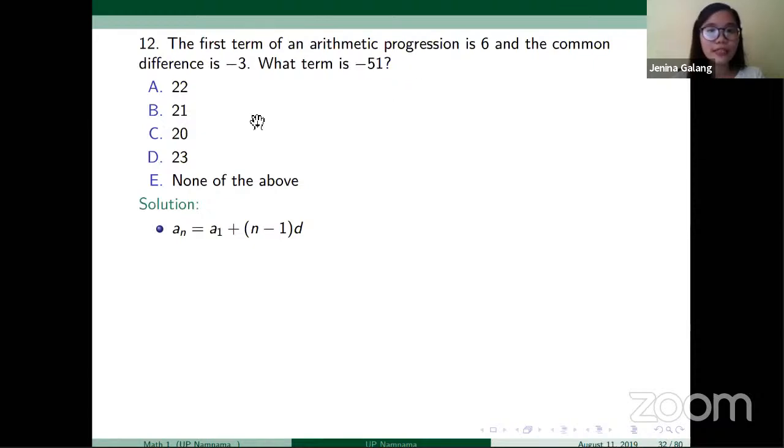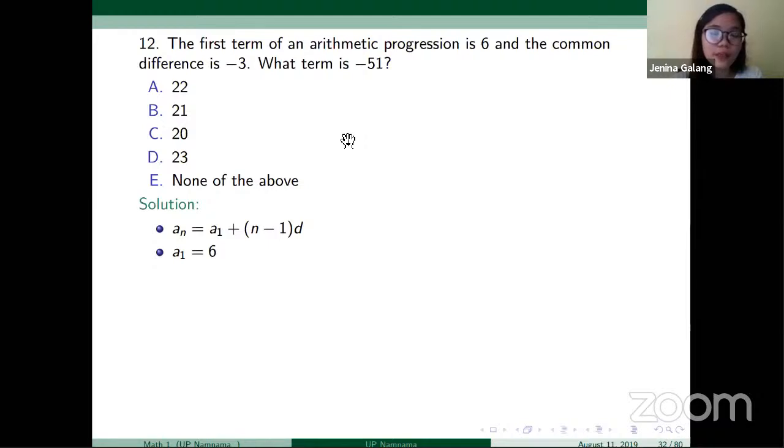So, na-discuss naman to sa video lecture. We have a sub n is equal to a sub 1, the first term of the sequence or the progression, plus n minus 1 times the common difference.